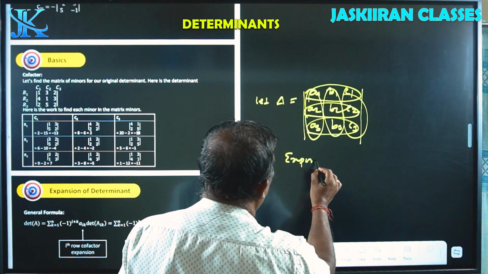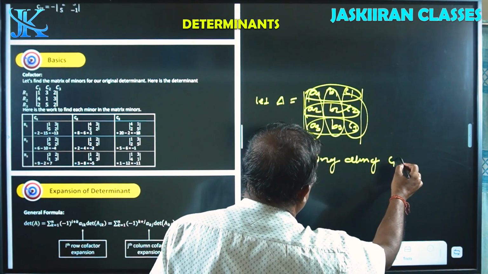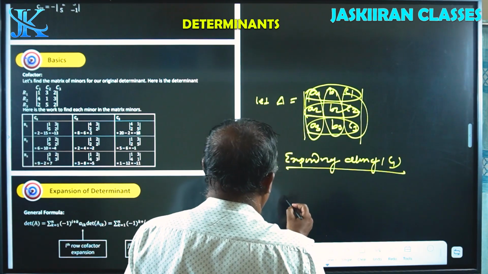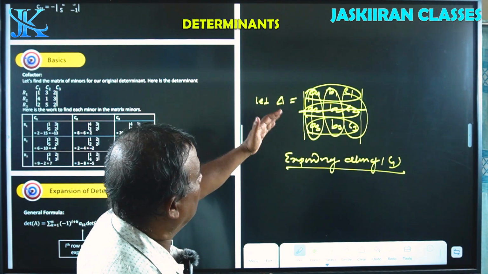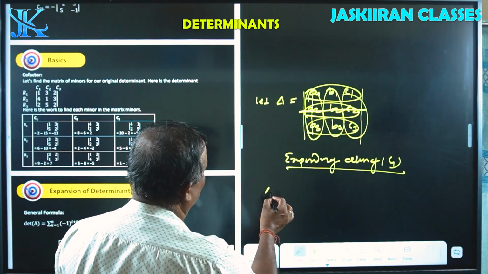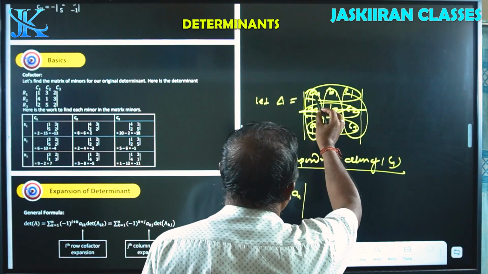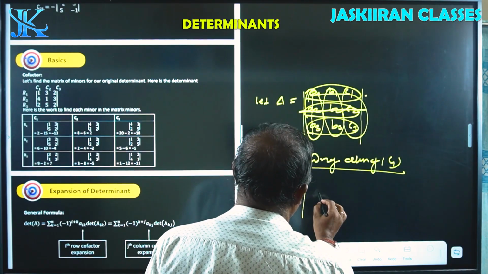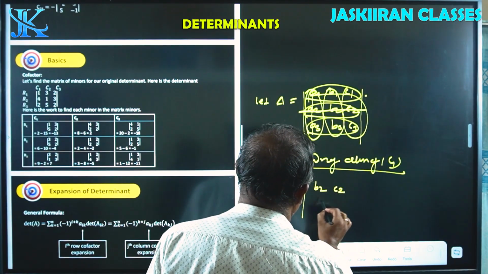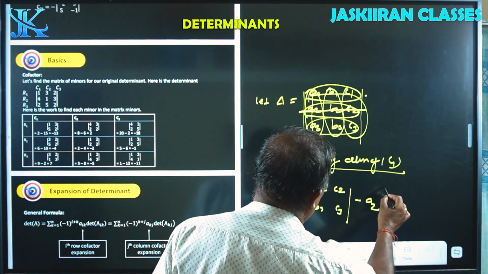Expanding along C1, we get A1 times the determinant B2, C2, B3, C3, minus A2.